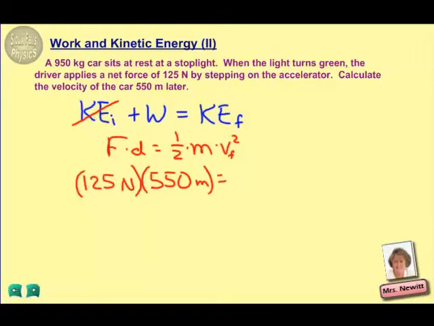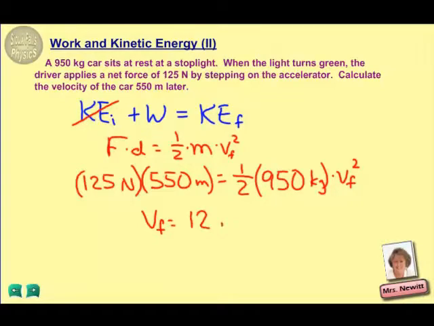So multiplying those two together will give us our work. And then the mass of the car is 950 kilograms, which leaves the final velocity as our only unknown. And that final velocity is then 12 meters per second. And that would be the velocity of the car after that amount of work has been done.